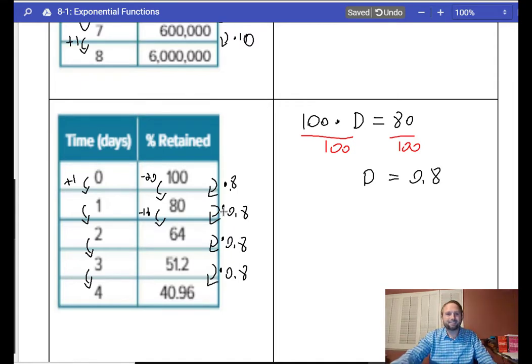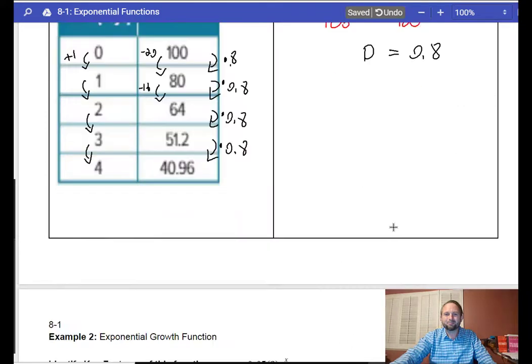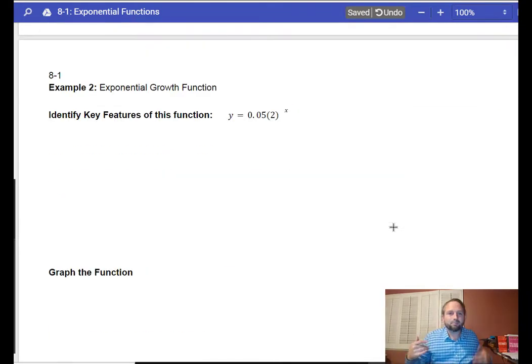All right, let's go on. When we're talking about exponential growth and decay, there's some key parts to this. So the key features of this function will be the following.